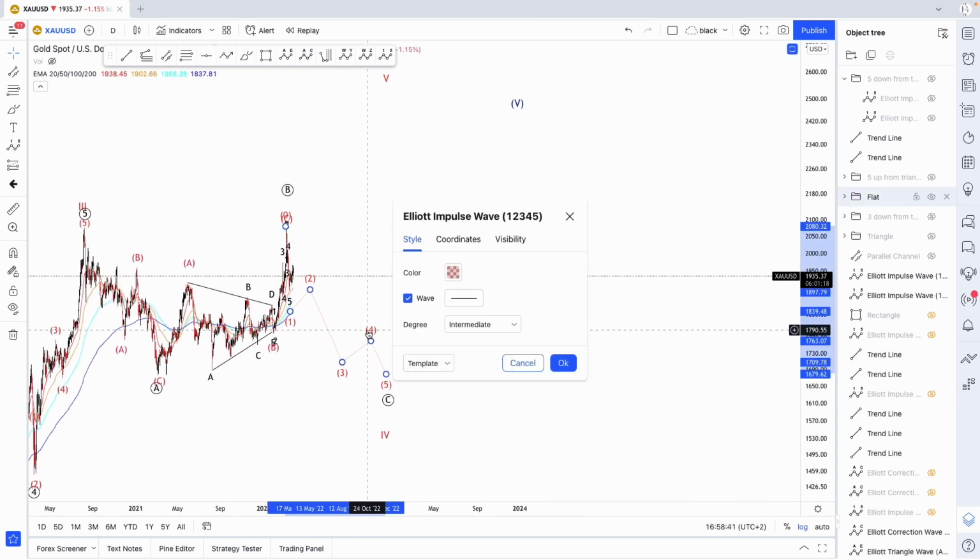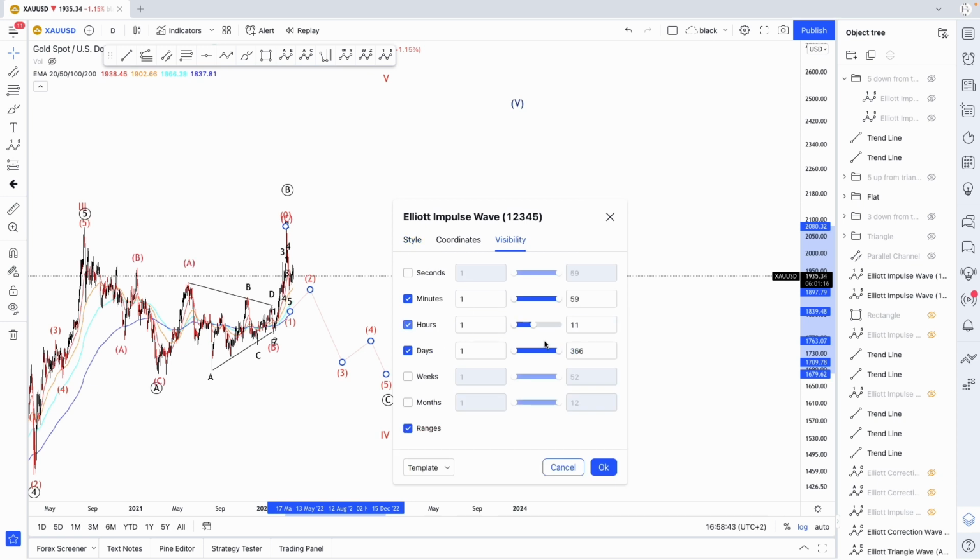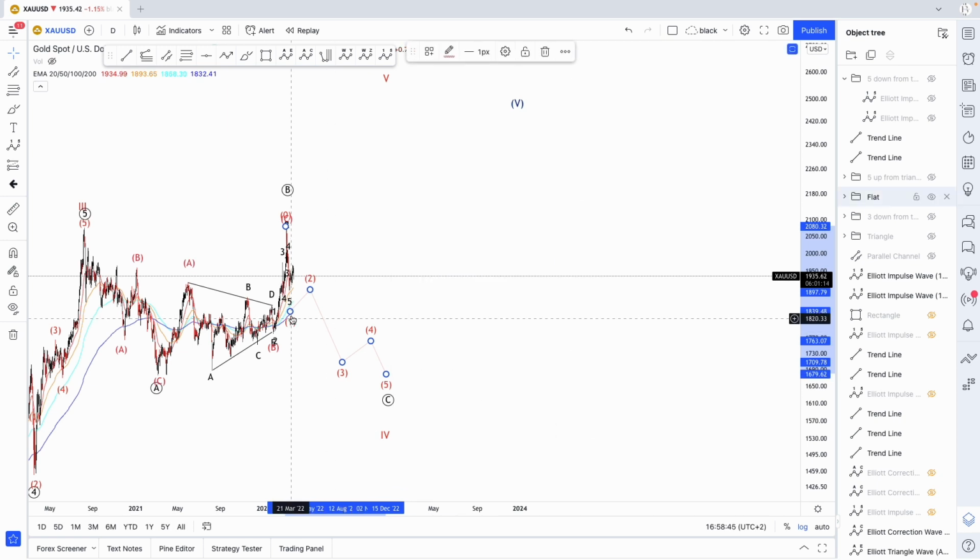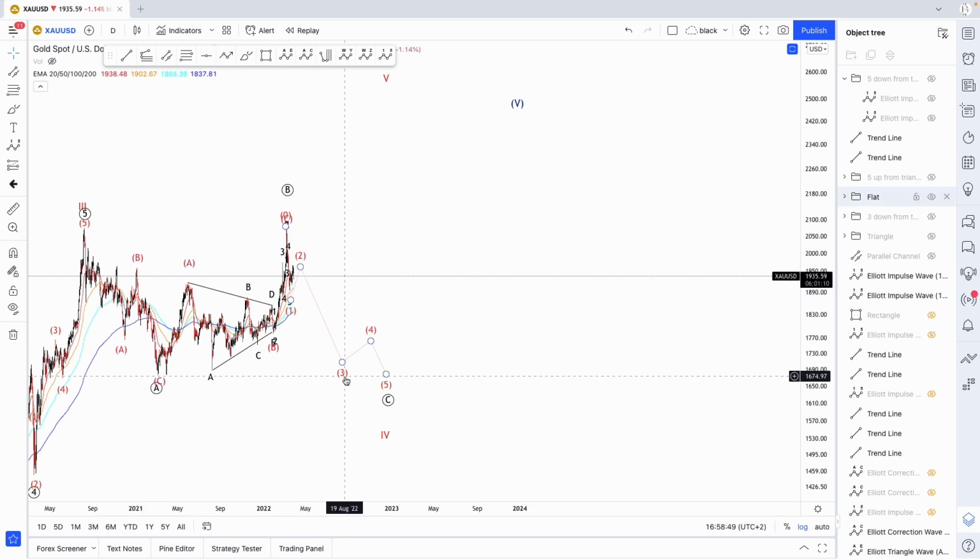Actually, let me just show this hourly. Okay, so that'll be wave 1 up for 2. So yeah, we could expect further downside. We could break this low. We could have a, not necessarily expanded flat, but we could have a running flat. So we don't have to break the previous lows.